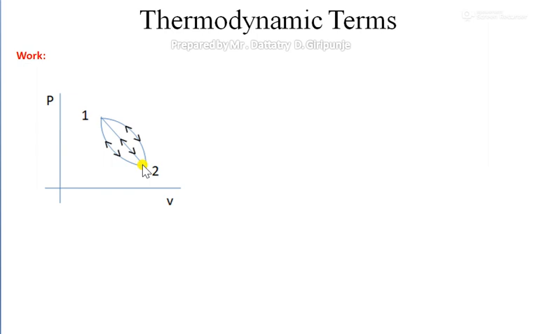So only consider the arrow going from state 1 to state 2. Now if I want to calculate the work done during the process by this path, or this path, or this path, I have to calculate the shaded area present below that curve.